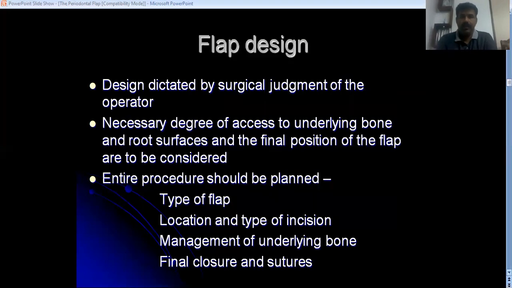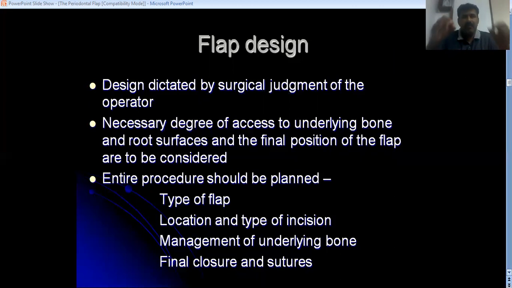So then, how do you design a flap? Before doing a flap surgery, you have to look at the clinical findings. You have to look at the radiographic findings. You have to look at all the different systemic and other aspects of the patient.